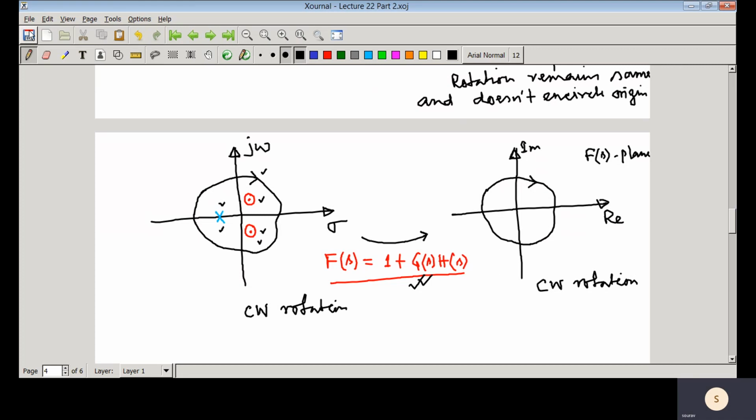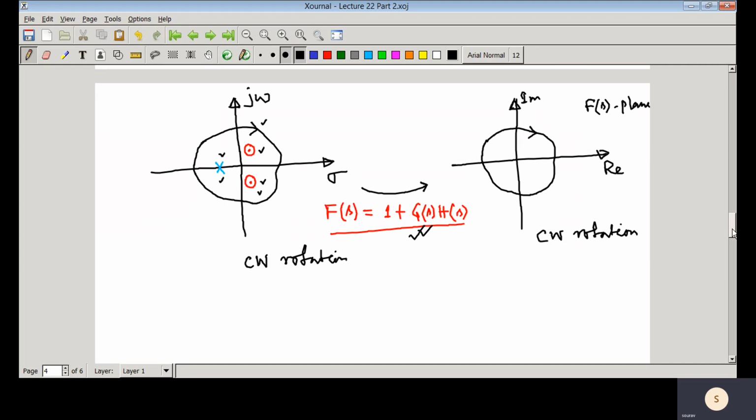So clockwise rotation to clockwise rotation. So if your function is 1 plus G(s)H(s), then what we have seen, how many rotations are there? Here the rotation is 1, and how many zeros are there? The zeros of F(s) is 2 and the number of poles is 1.